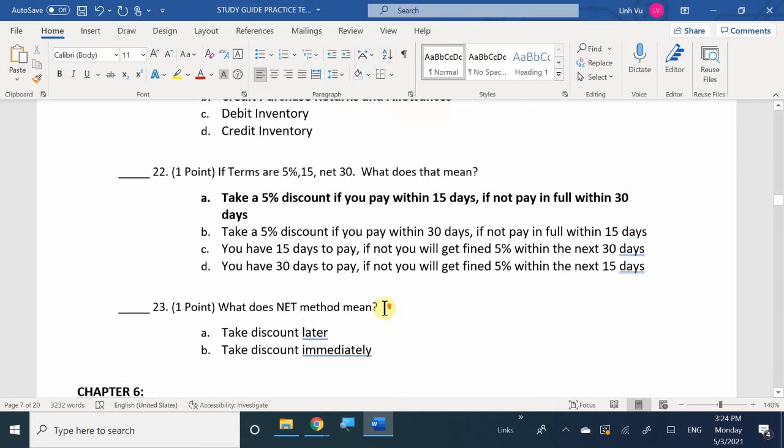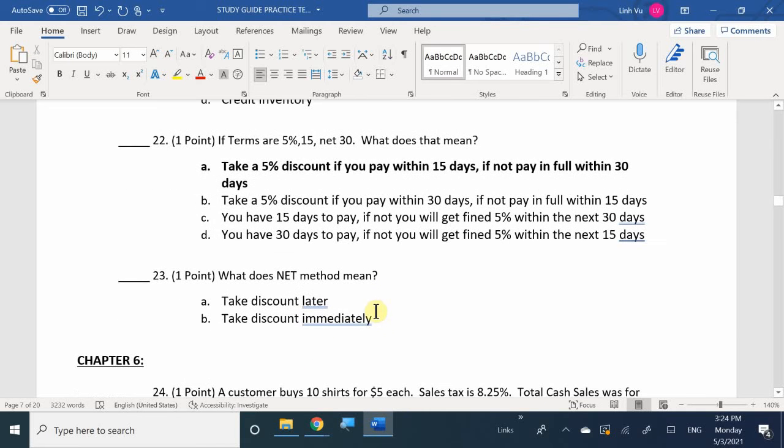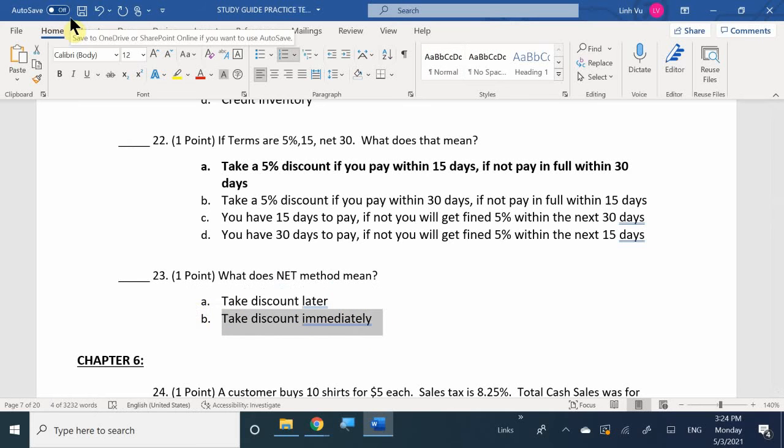Okay? All right. Question number 23, last but not least for this section, is going to ask you, what does net mean? B, take discount immediately. Yes, okay. Best example would be taking a look at your paycheck.